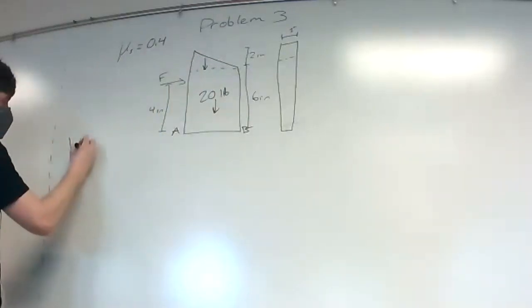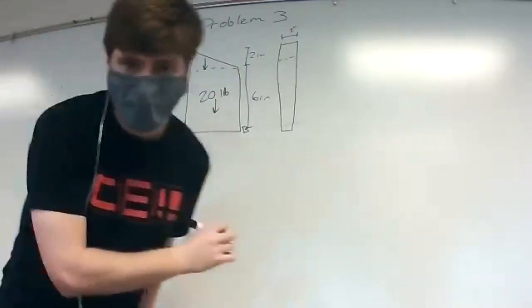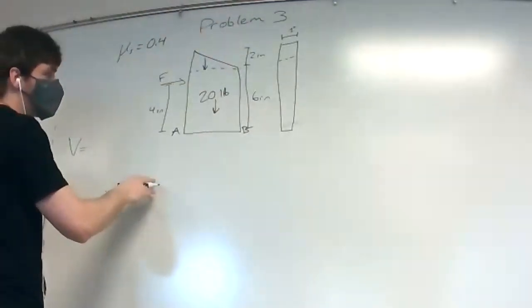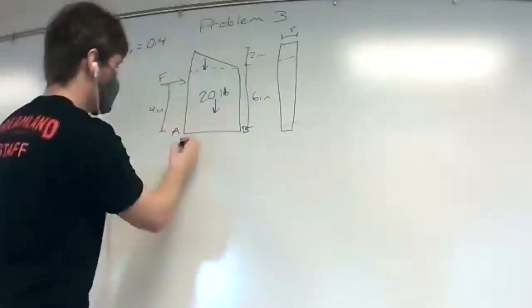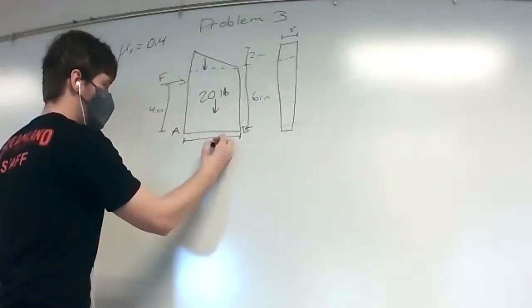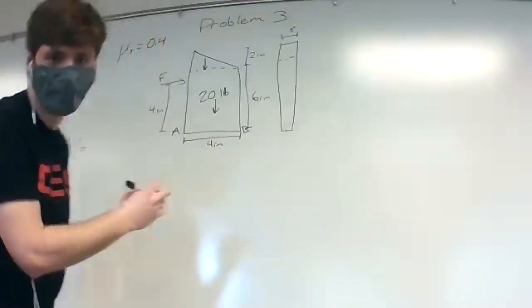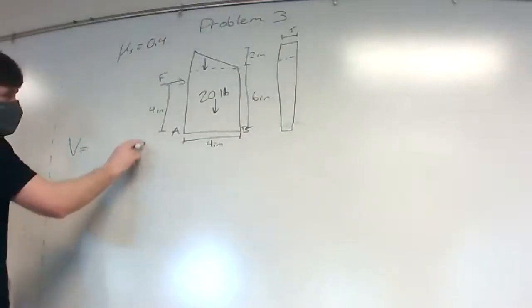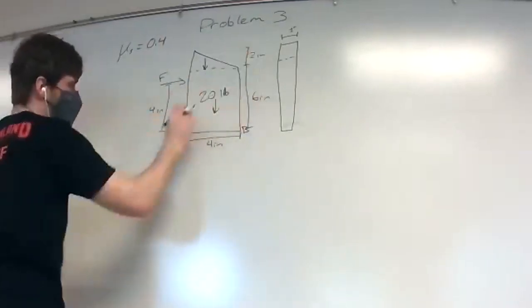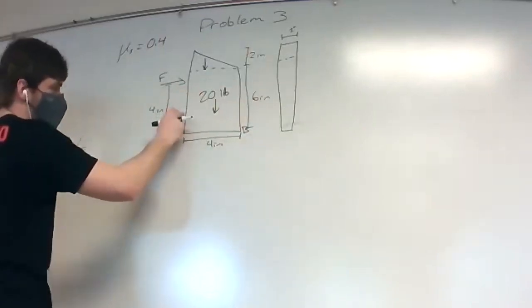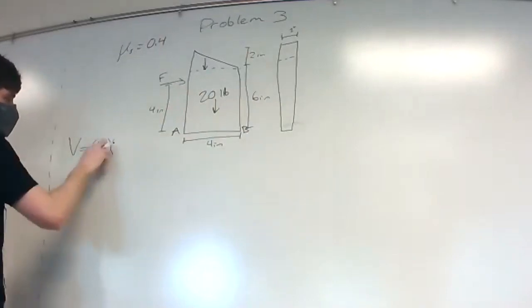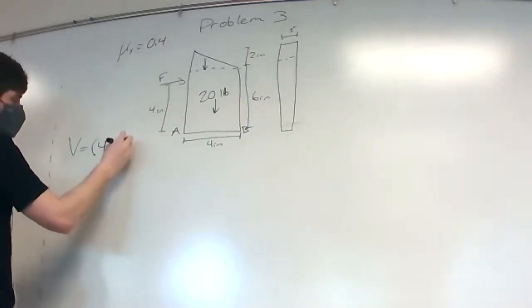So what they do, the volume is equal to, we have all the dimensions, I think. Yeah, this is 4 inches. And with that, we have all the dimensions. So we would say the volume of this shape is going to be 4 times 4 times 1, because we know that it has a 1-inch depth into the board here. Sorry, that should be 6. 4 times 6 times 1.